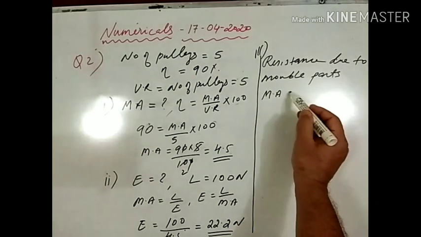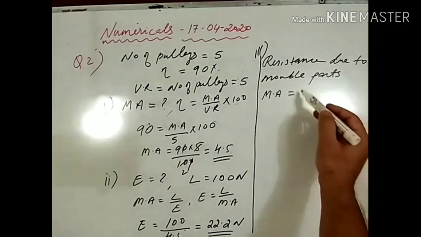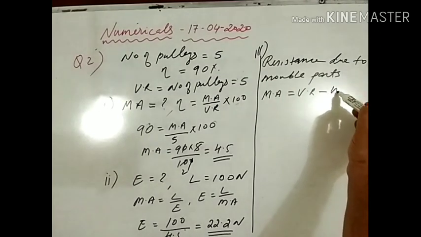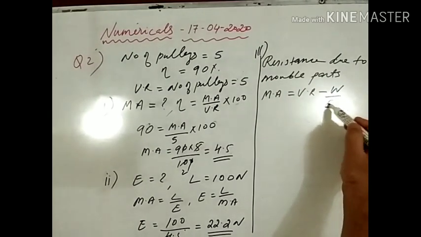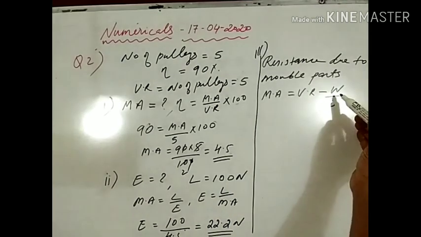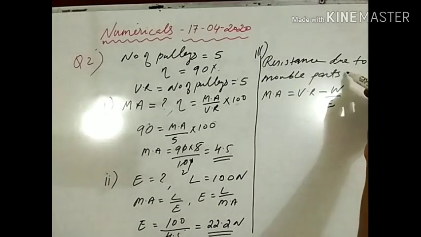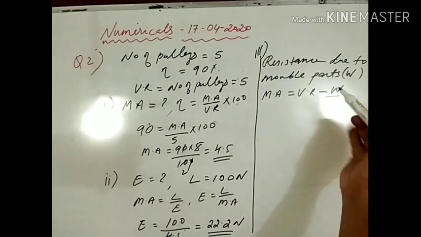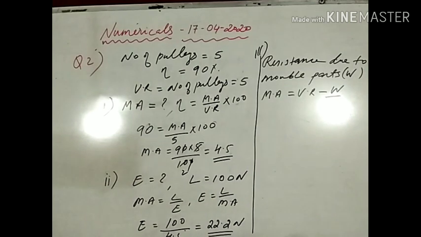Mechanical advantage is equal to velocity ratio minus W upon E. What is W there? I had told you W is the weight of the movable parts. From here, we want to find out W, the weight of movable parts. All right.